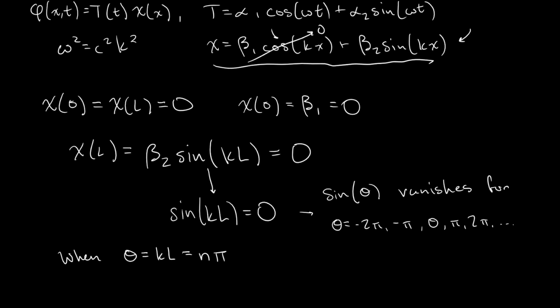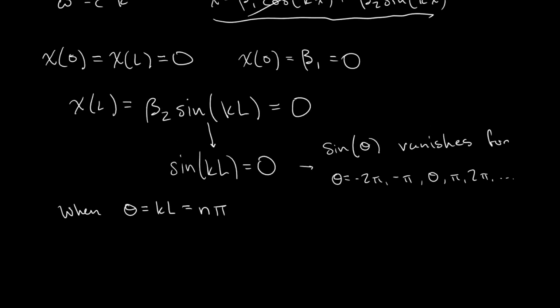So we actually now get an expression for k, this wave number. I'll call this k sub n, and this is n pi over L. If k is equal to this for n an integer, then we're guaranteed to have this sine of KL vanish, and our boundary conditions will be satisfied.